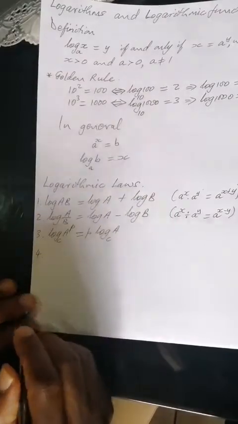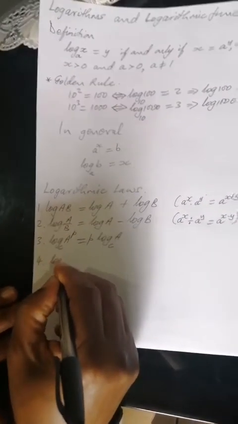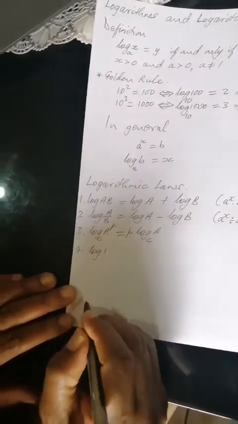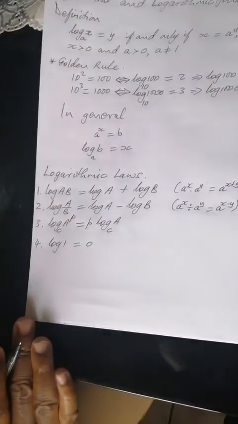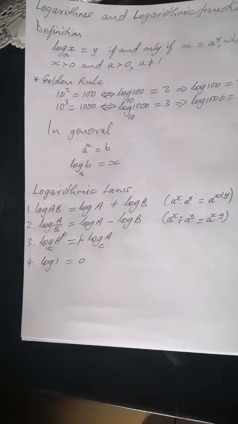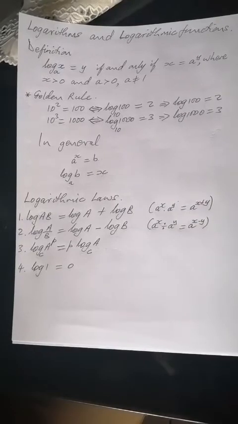And then we have number 4, the log of 1 is always 0. The log of 1 is always 0. Very, very important.